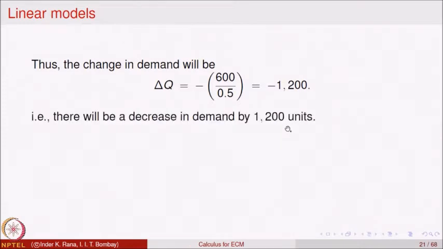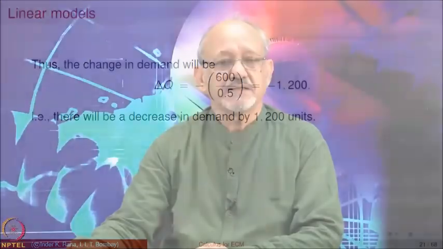So, that means there is a decrease in demand by 1,200 units. That means, in this scenario, as the price of the music player goes up, any increase will make a decrease in the demand.